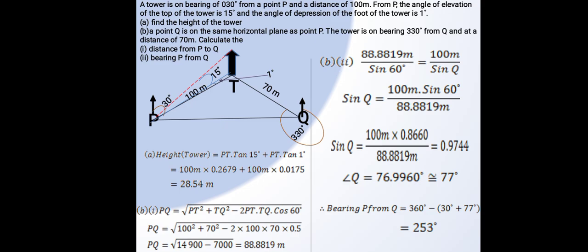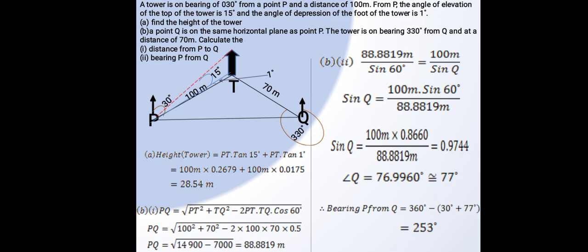Now, one thing we should know is that the angle of elevation and the angle of depression are the same. When you are down looking up, it is an angle of elevation. When you are up looking down, it's an angle of depression. Because the line you are using to look at something becomes a transversal between two parallel lines.